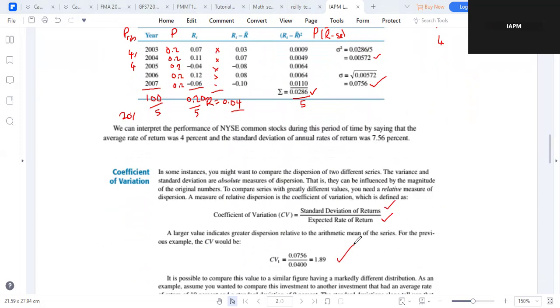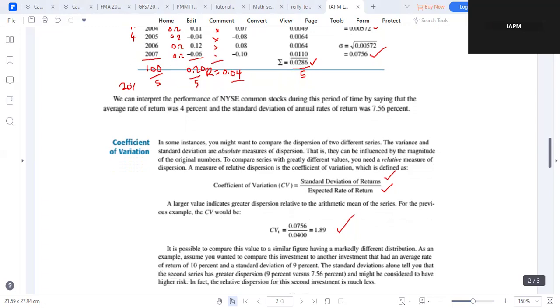Any questions so far? Awesome. Okay, so this is how we calculate.